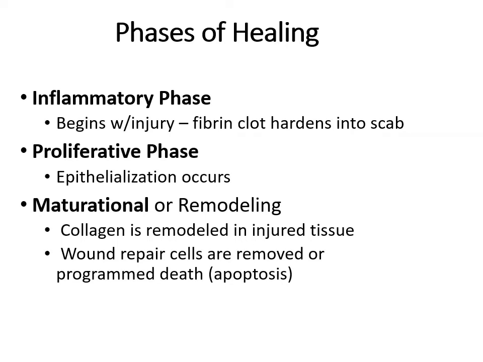And so the wound repair cells are removed. So, for example, the neutrophils and the macrophages are no longer needed anymore. Some of those will undergo apoptosis, which is cell death, and the fibroblasts will be much more involved in the remodeling and making the tissue return to its normal function.